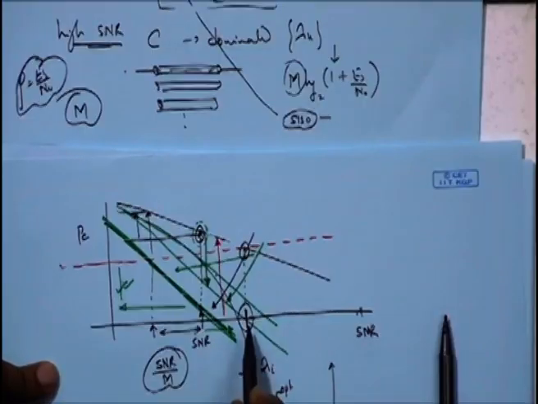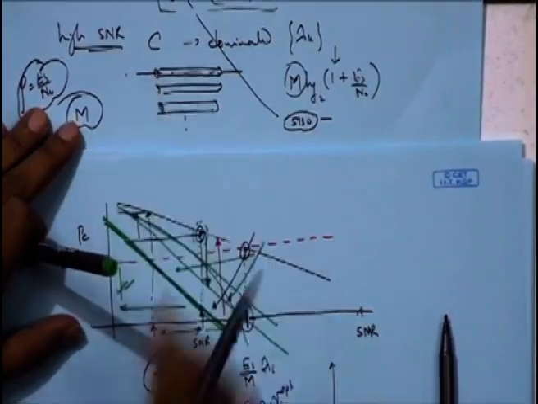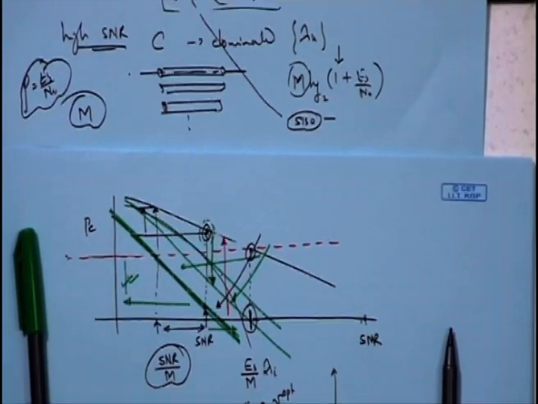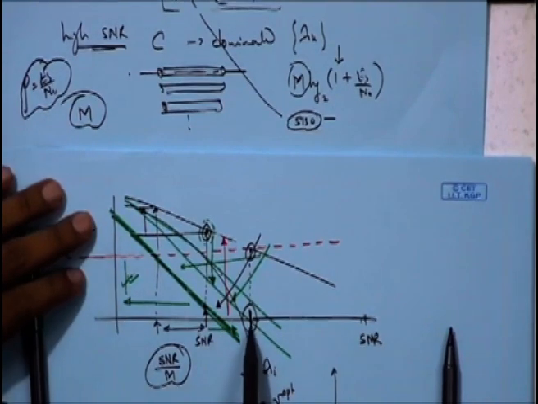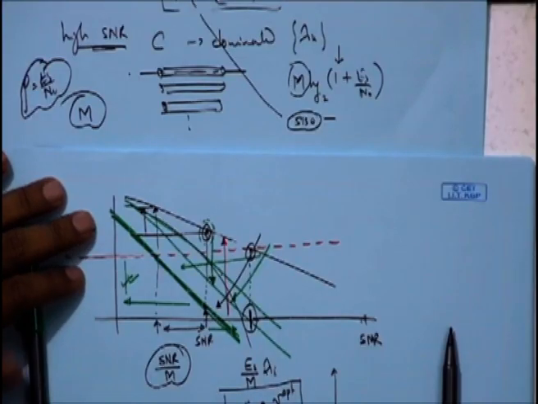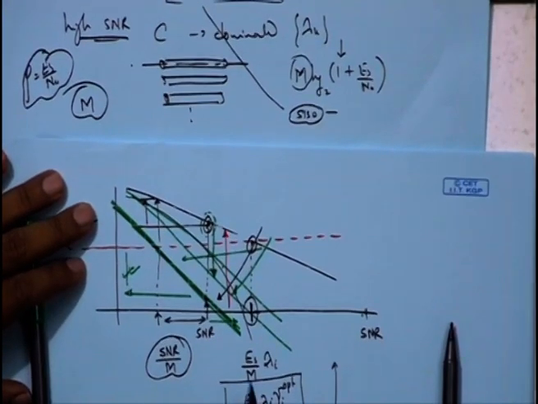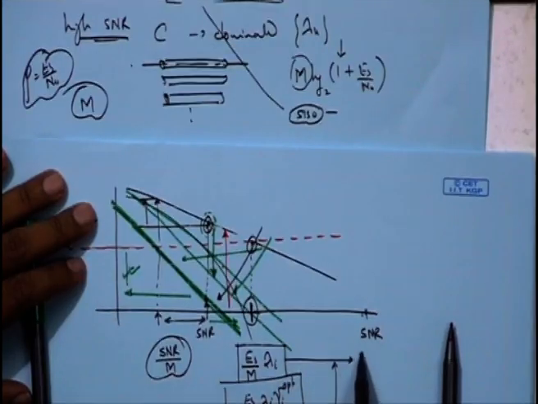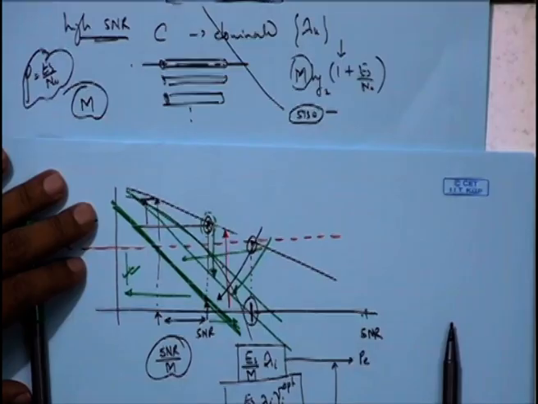That means each of these parallel links would be able to sustain the error probability. Still, this is just an average indication. What we actually need to do is work out these values if we are doing closed loop based MIMO schemes, or if it is open loop, we have to work out these values and see what is the probability of error corresponding to the modulation that we are choosing.